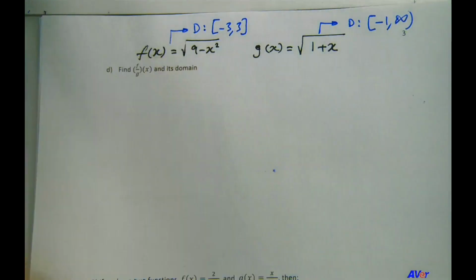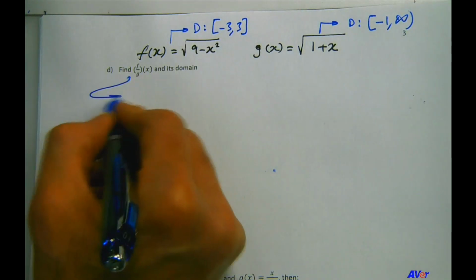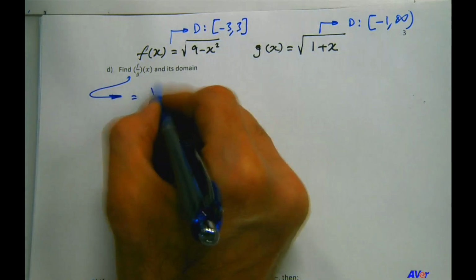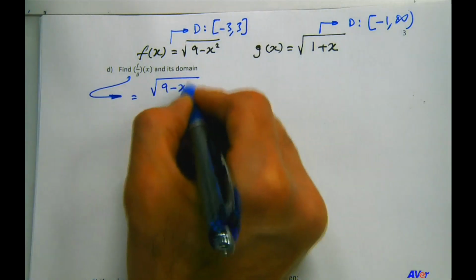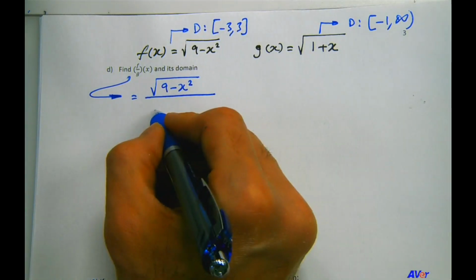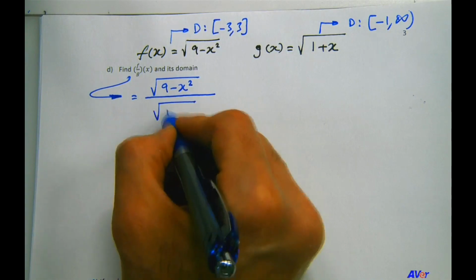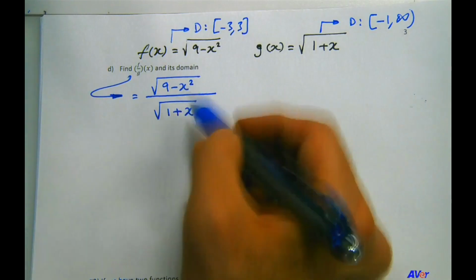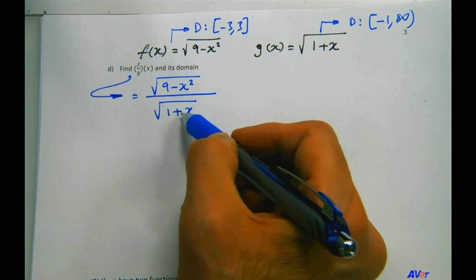Okay, so let's form the combined function, which is that square root of 9 minus x squared divided by square root of 1 plus x. So here we have an added condition.